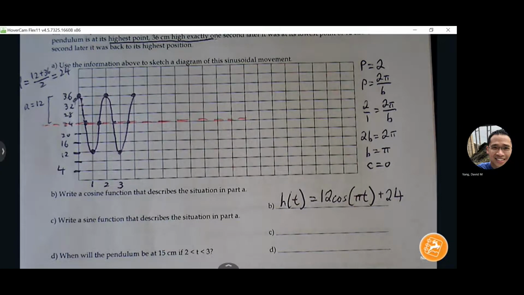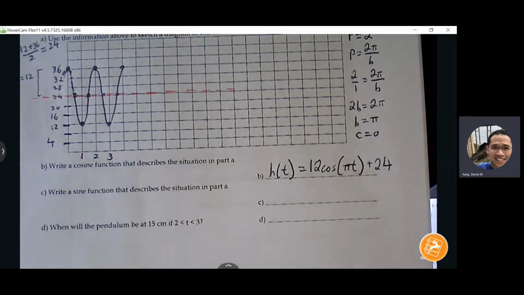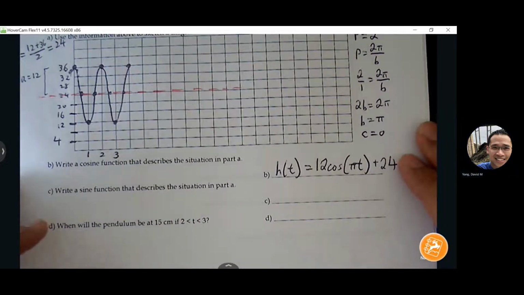Everybody good? A is 12, B is pi, C is 0, D is 24. The nice thing about the sine graph is that we can carry all that information down. The same A value, the same B value, same D value. The only thing we have to worry about is potentially a reflection, if there is one, and what the C value is.